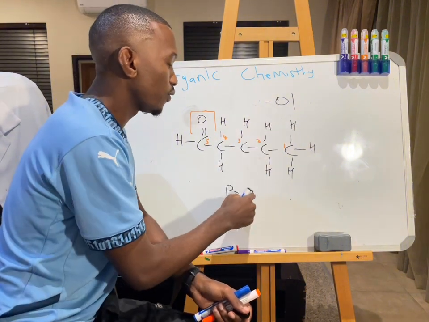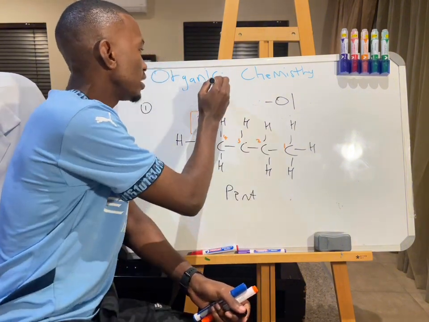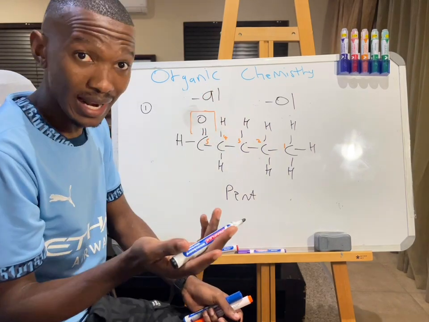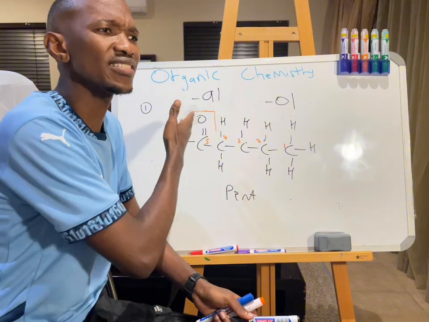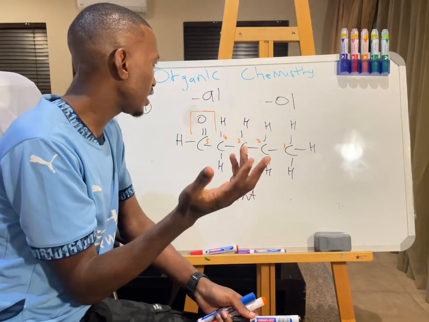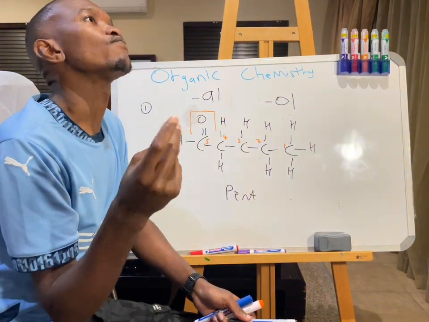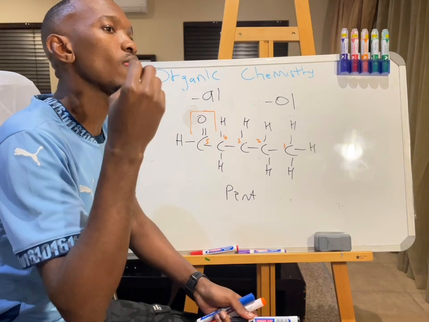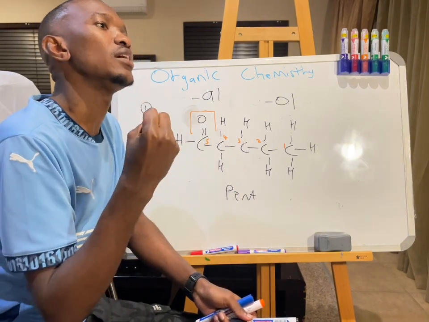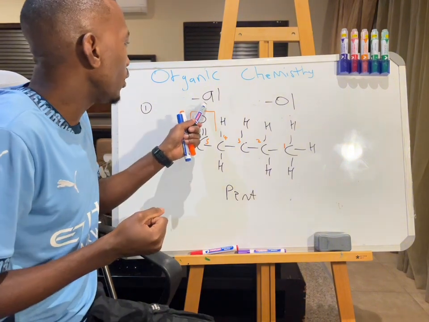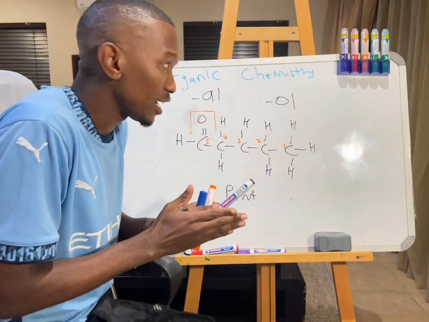And then for aldehydes, we end with AL. I'm giving an example: ethanal, propanal, butanal, pentanal, hexanal. You see, they all end with AL. Those are aldehydes.